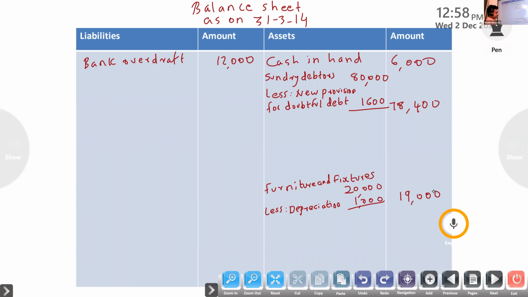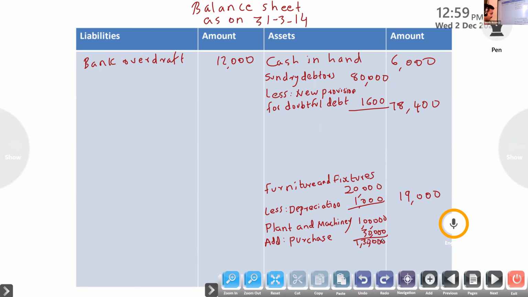Next, plant and machinery. Whenever you write plant and machinery, 1 lakh, add purchase 30,000. So 1 lakh 30,000, because machinery increased.